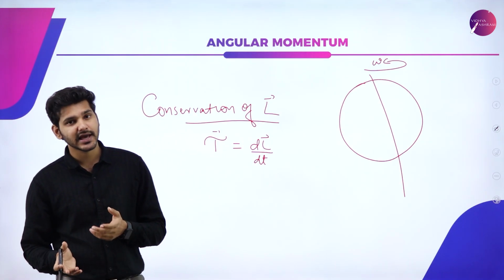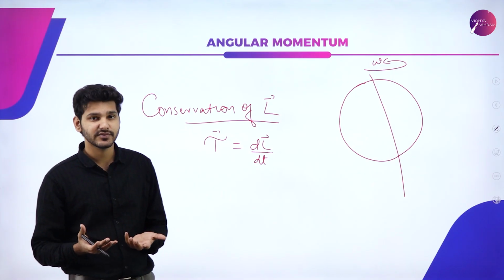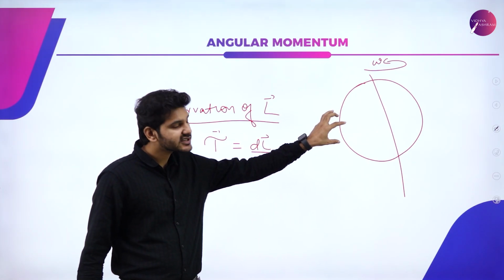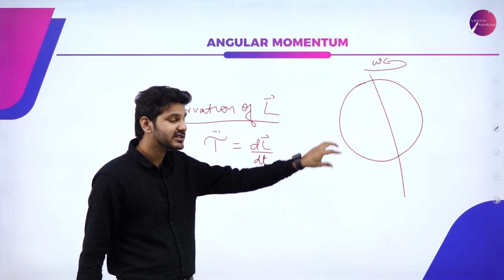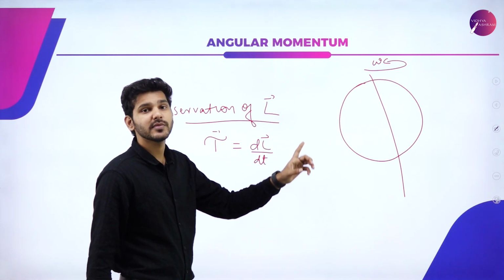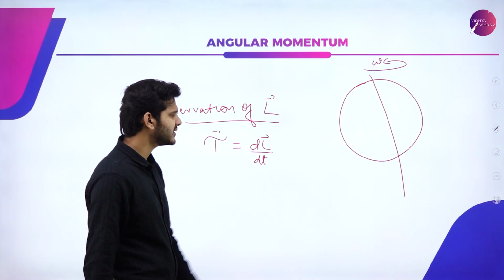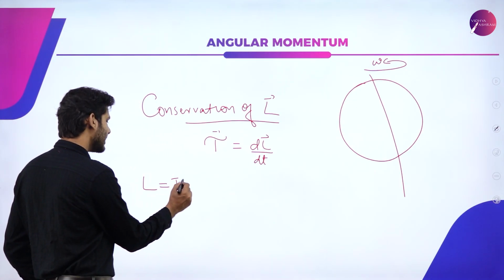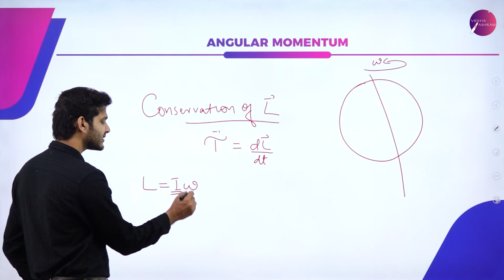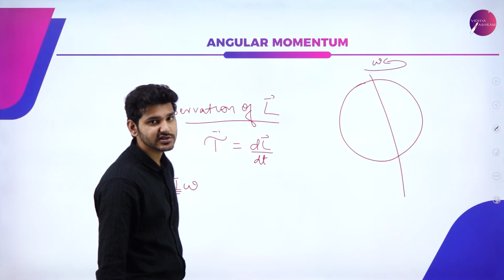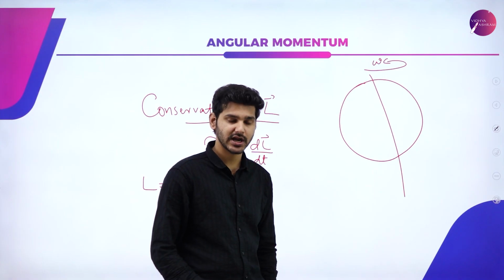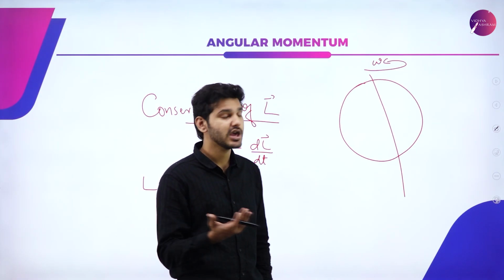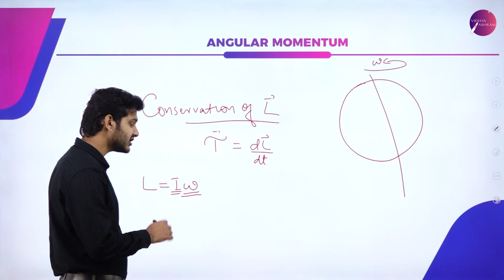You can also try this with homemade experiments if you can. If it loses that volume, the angular momentum should be conserved. Angular momentum L is equal to I omega. I is not changing. The mass of the system is not changing. The mass distribution is not changing. The only thing that can change is omega.